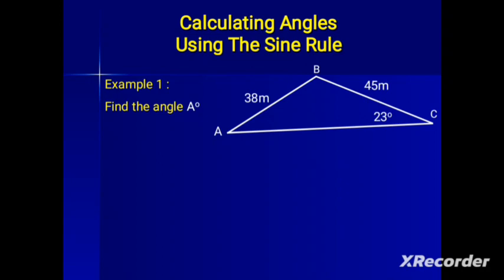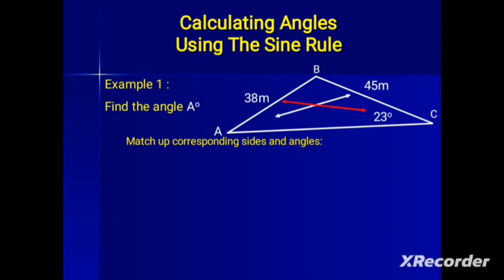Now in this case, example number 1: find the angle A degrees given the triangle ABC. So we are going to find the angle at point A using the sine rule, and of course, we match up corresponding sides and angles.